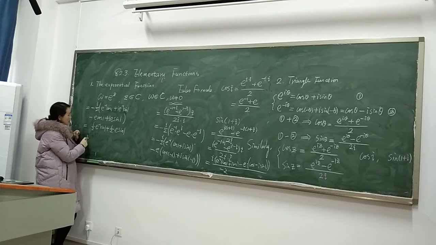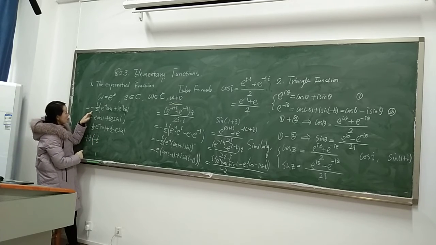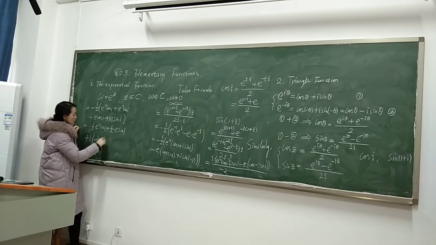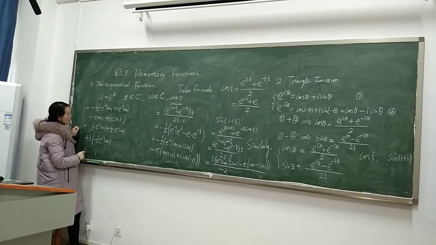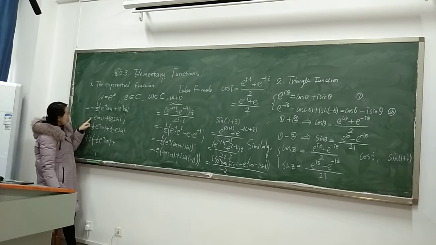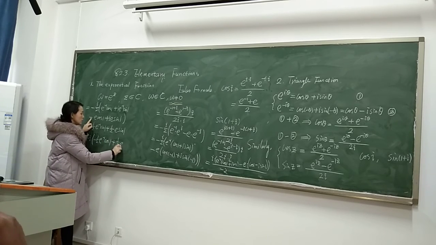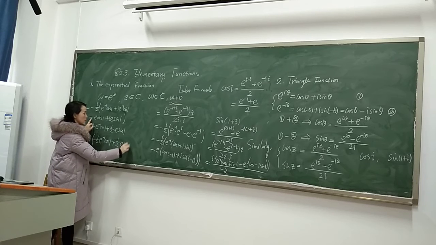The imaginary part, we can make I outside. So here is 1 minus 1 over 2, e minus 1 cosine 1. Here is minus, say positive 1 over 2 e cosine 1.